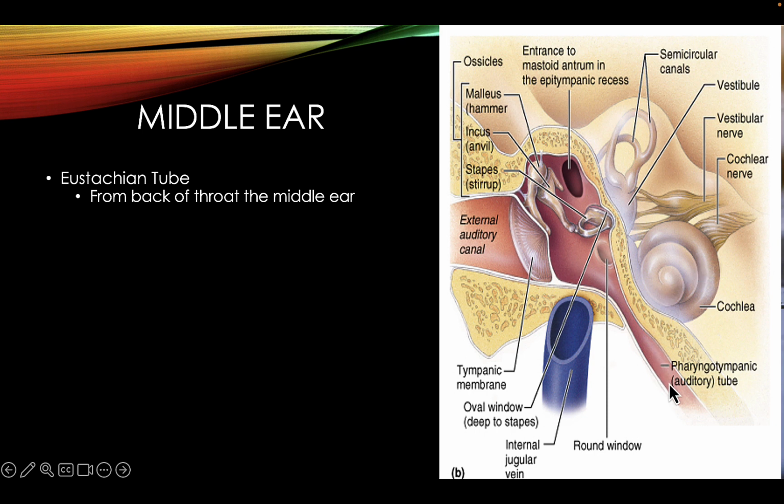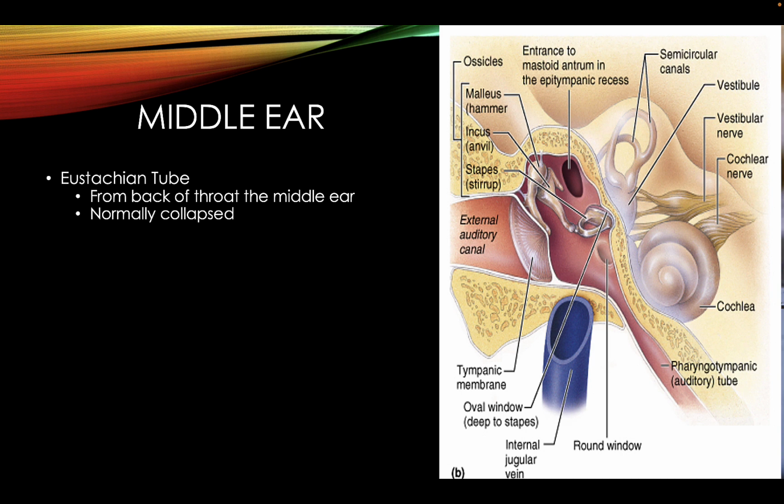So the eustachian tube, or the pharyngotympanic tube, starts at the back of your throat, kind of along the back of your jawline, and it goes into this middle ear here. Now, normally this tube is collapsed, okay?